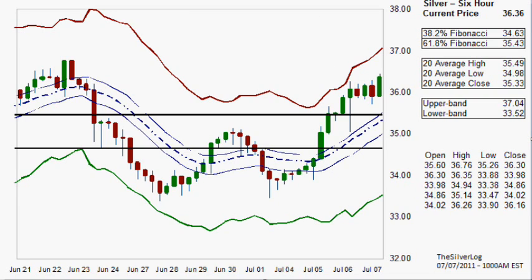As far as the chart images are concerned, previous resistance in here was found as support down in here. As far as this level, it pretty much was also tangled within support. And the significant thing about Fibonacci is this.